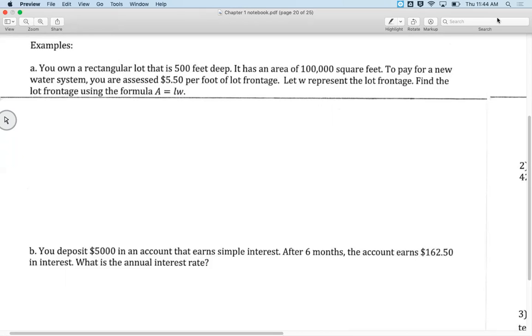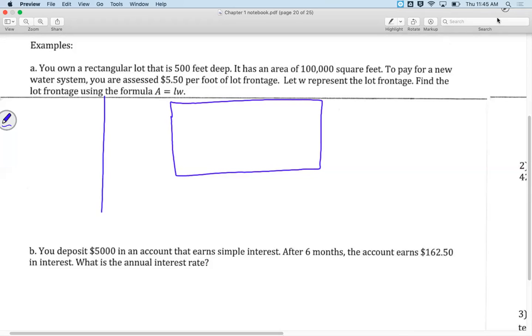So what I need everybody to do is draw a rectangle. This is going to represent your house. It says you own a rectangular lot that is 500 feet deep. So if my street is here, this is my front, and this is the depth of my house. So I'm going to write 500 feet.